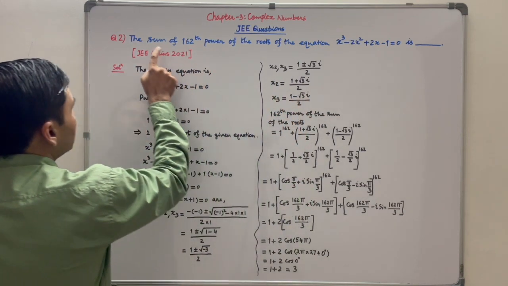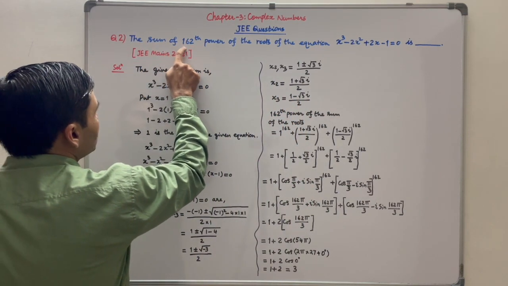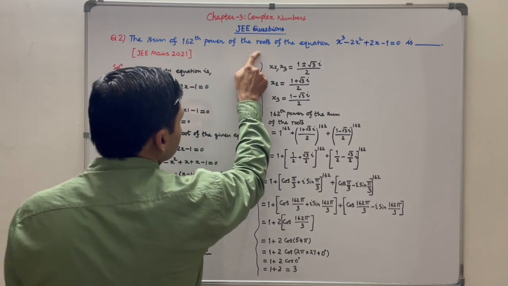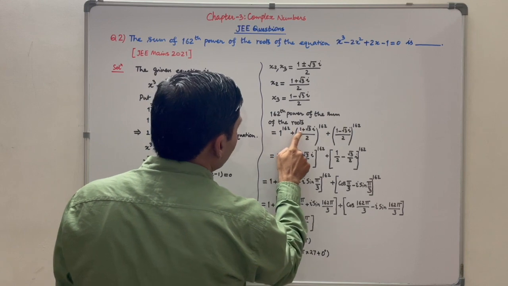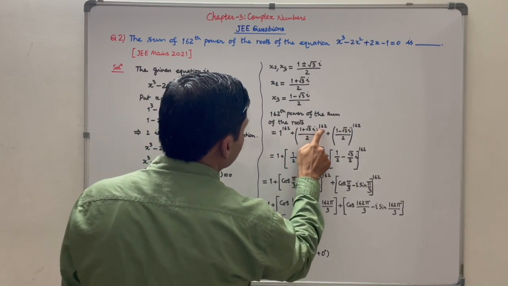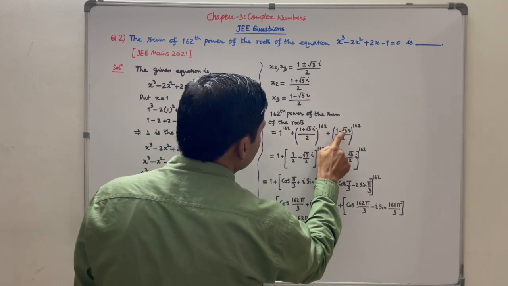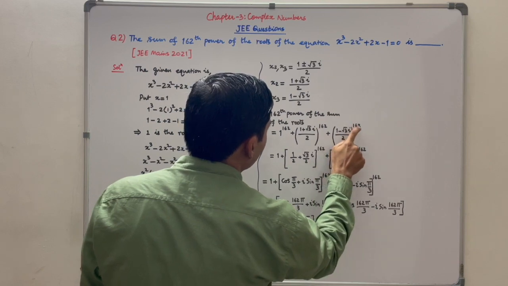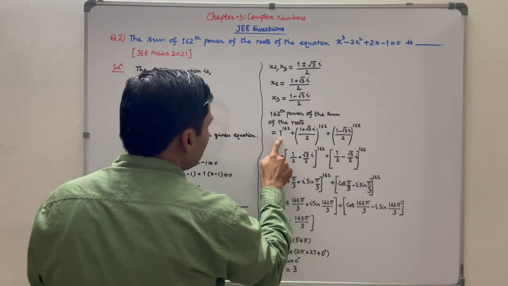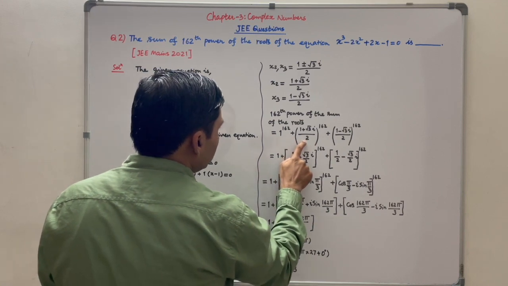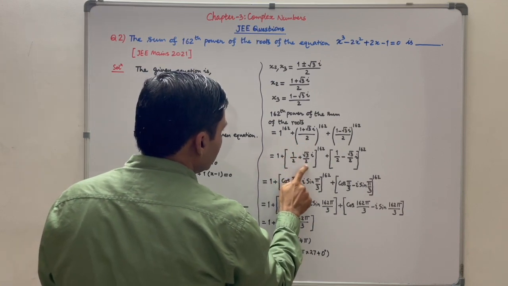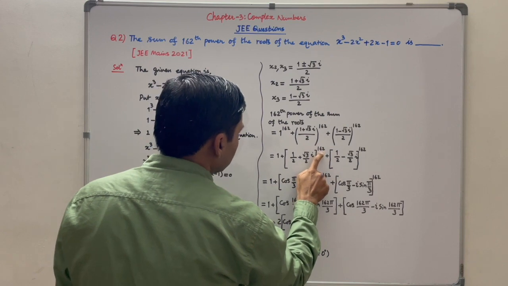Now we have to get the sum of the 162nd power of the roots. So it will be 1 to power 162 plus (1 plus root 3i by 2) to power 162 plus (1 minus root 3i by 2) to power 162. 1 to power 162 is equal to 1. Second term can be written as (1 by 2 plus root 3i by 2) to power 162.